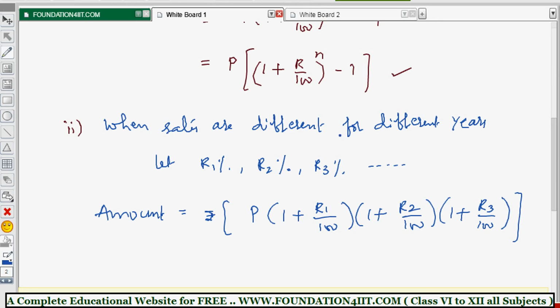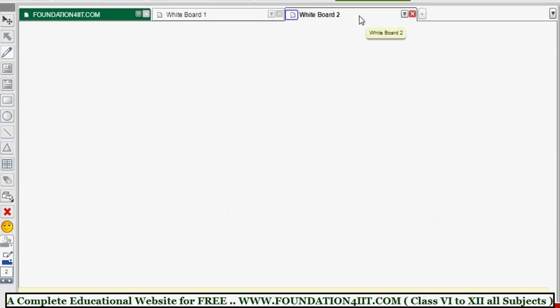And when the period is not a complete number of years, how do we do it? This was for whole numbers of years. One more formula is for periods like 2 years 8 months or 3 years 4 months.